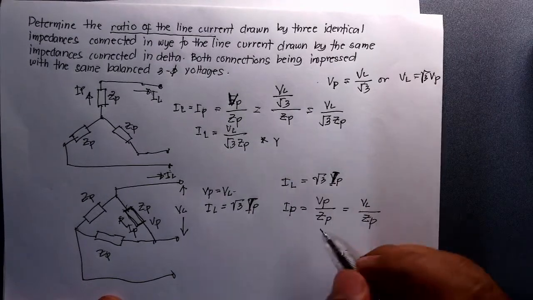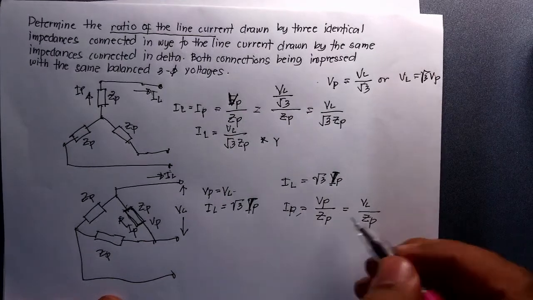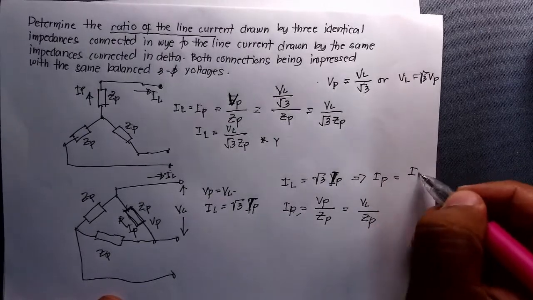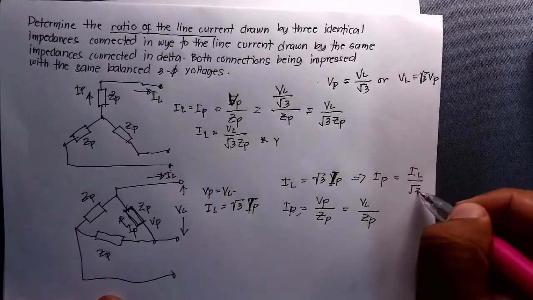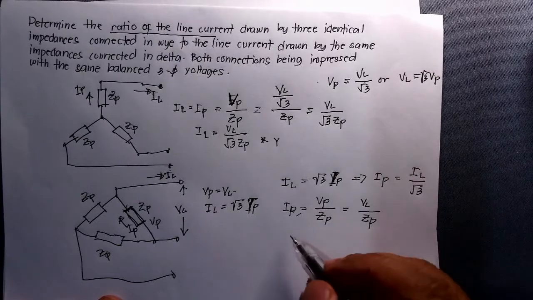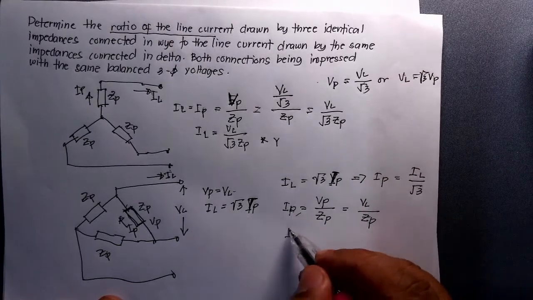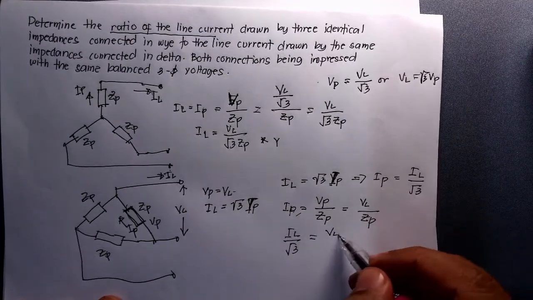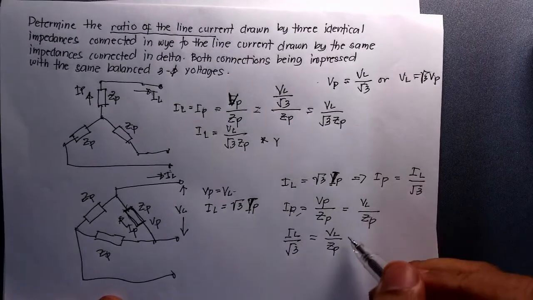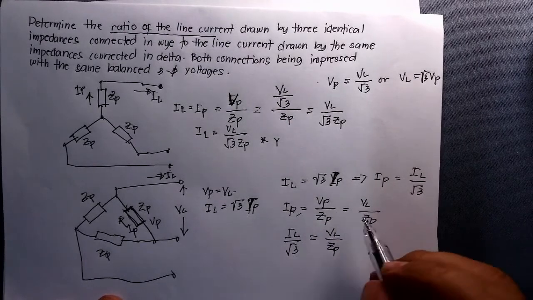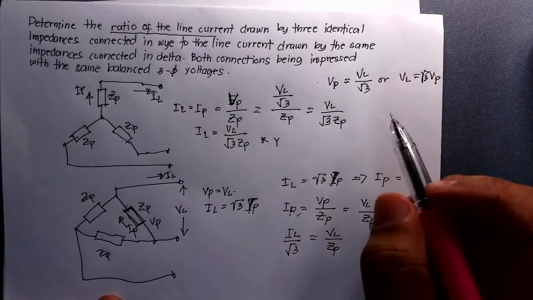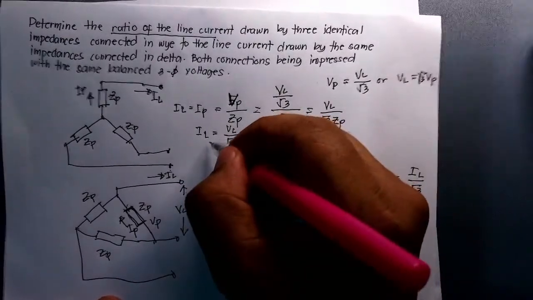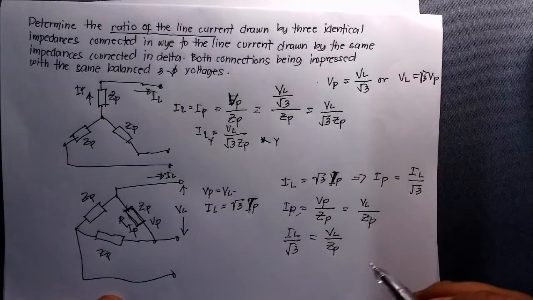And then we will now use this one. I L is equal to square root of 3 times I P. If you are going to substitute it here, that will give us square root of 3 V sub L over Z sub P. I am taking V sub L because we want to have the relationship of the I L in Y, and let me just write here I L Y and I L in delta.